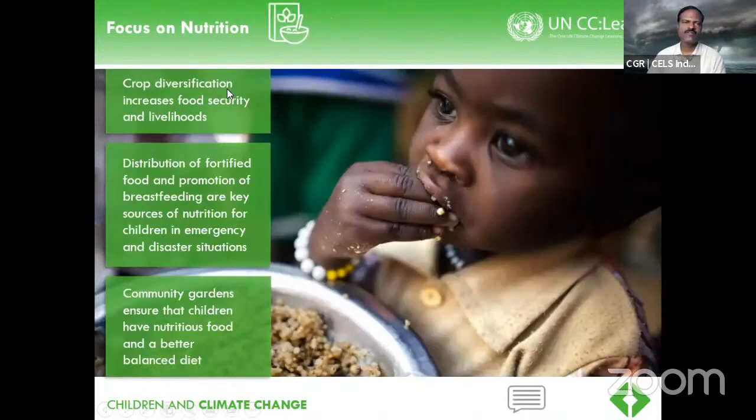And crop diversification increases food security and livelihood. So this is very critical in climate change situation. And those things are happening also globally. Then fortified food and other programs are also there, breastfeeding and nutrition for children. Then community gardens.